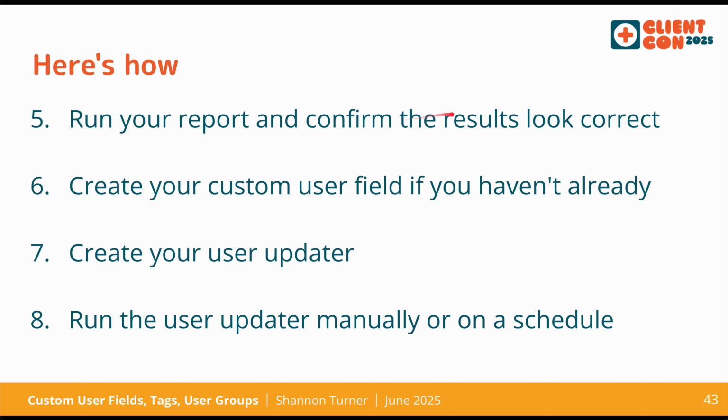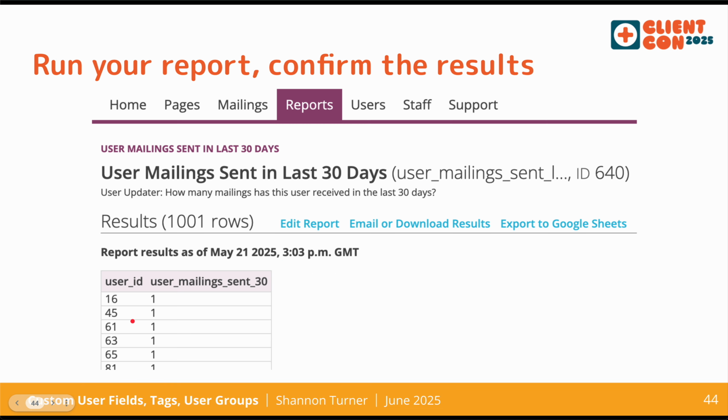We have to run a report and confirm the results look correct. After the results look good, let's create that custom user field if we haven't already. And again, we'll get that reminder to create the field if we haven't. You'll need to create your user updater and then run the user updater manually or on a schedule.